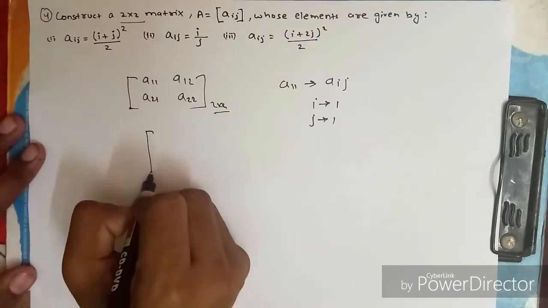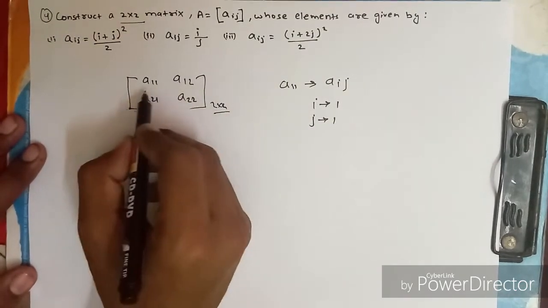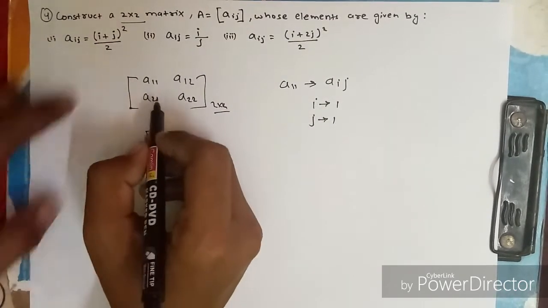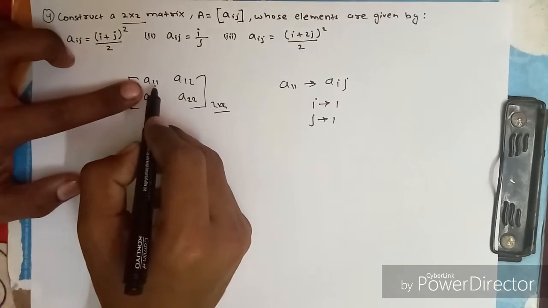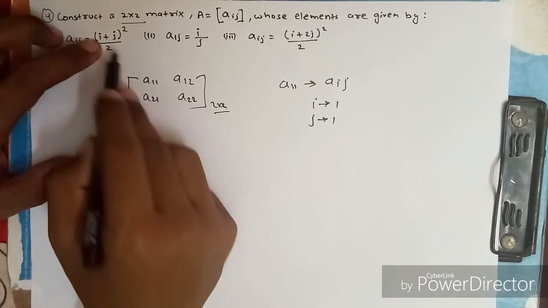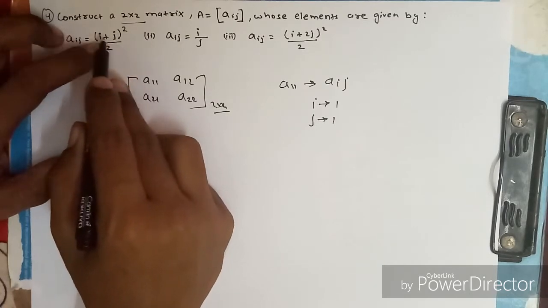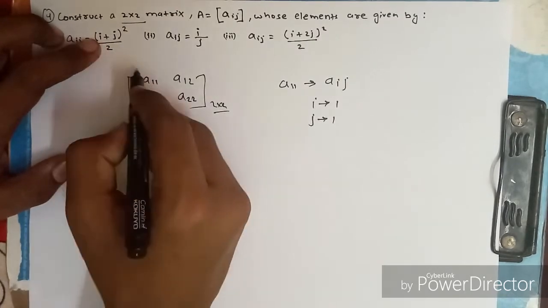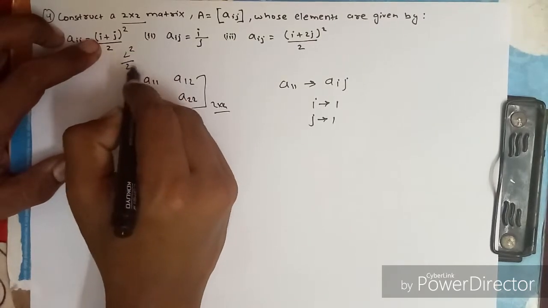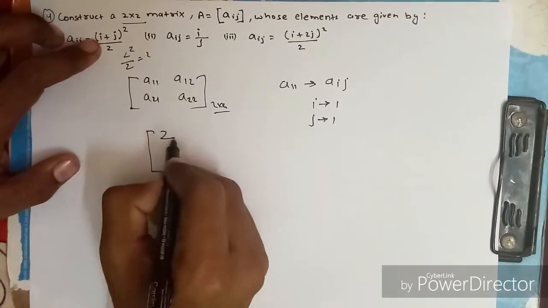So what will be the first element here? If you put i equals 1 and j equals 1, we get 1 plus 1 whole square, 1 plus 1 is 2, 2 whole square divided by 2 is 2. So the first element is 2.